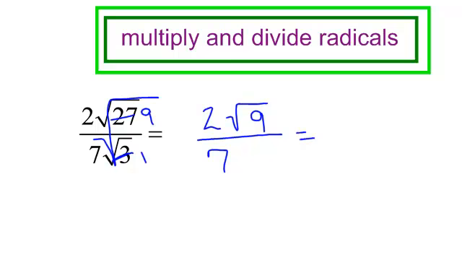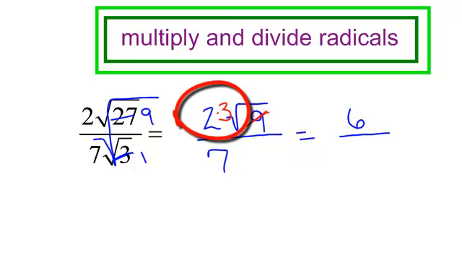Am I done? No, you're not done. Radical 9 is perfect. It gets out of jail, yes, and when it comes out of jail, you know what it is. It is new and reformed. 2 times 3, I can multiply those because they are both not underneath the radical, and it will be 6 over 7.